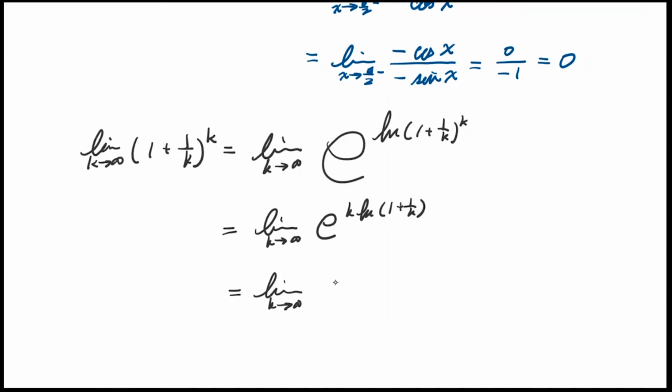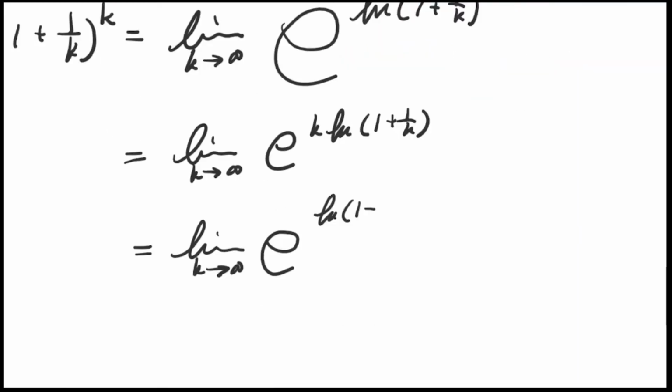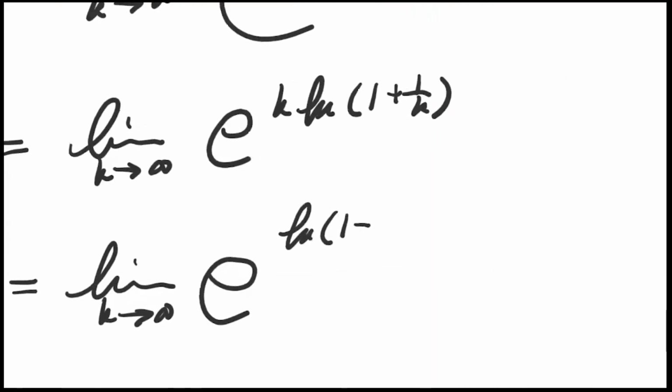I'm going to write a little bigger now, so I can zoom in, so you can all see this tiny little handwriting. ln of 1 plus 1 over k, over 1 over k. You get it? It was here, but if I put it in the denominator, then I can just make it a reciprocal.